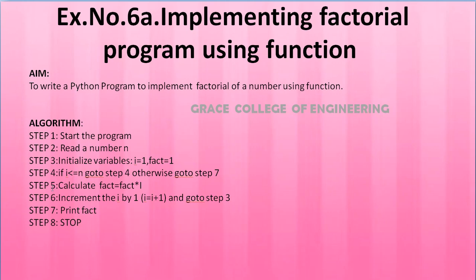Step 5, calculate fact is equal to fact into i. Step 6, increment i by 1 and move back to step 4, and it will be repeated until the last value. Then finally print fact. Stop the program.